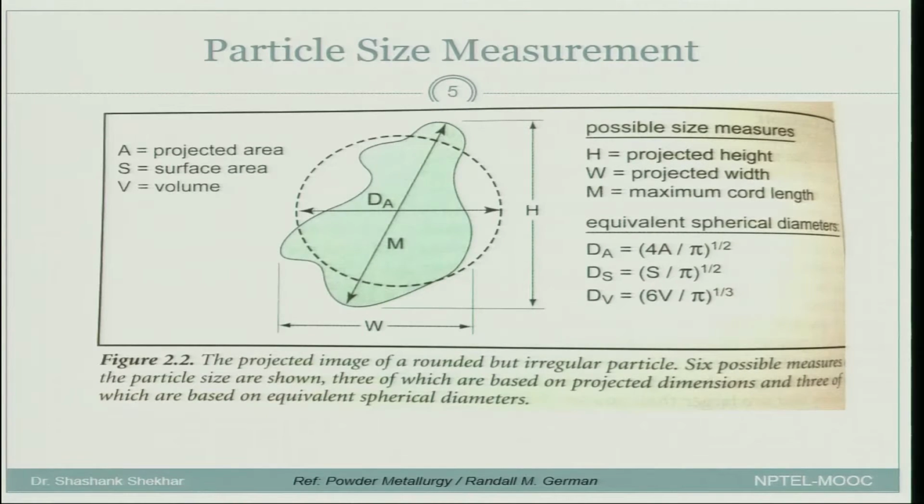However, whatever the shape and size, we are always interested in calculating an effective diameter. Now that effective diameter that you calculate, which will define the size of the particle that you have obtained, will depend on your method of measurement.